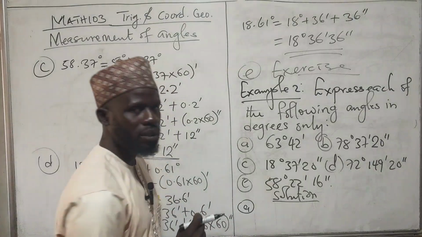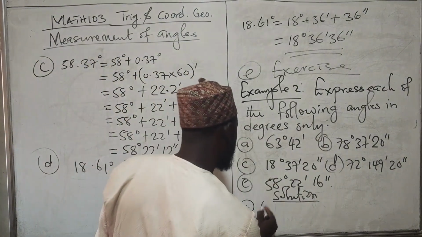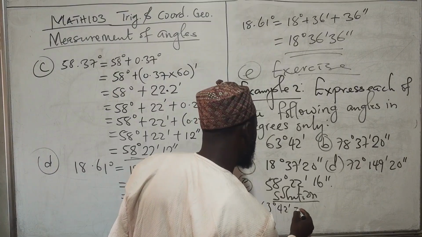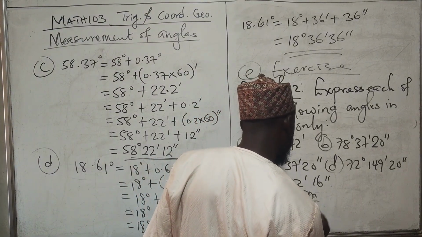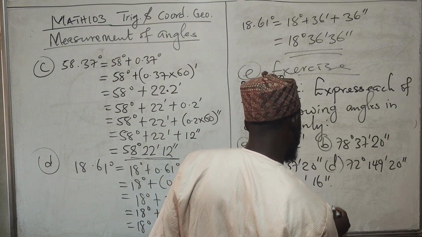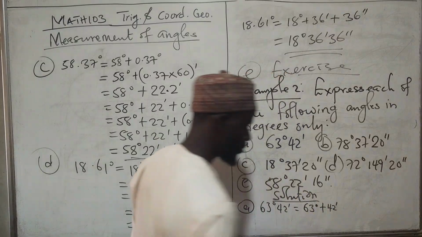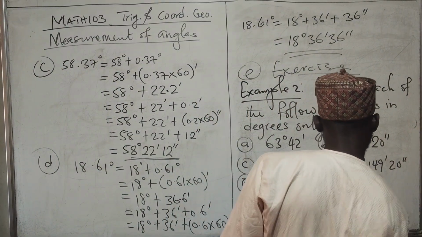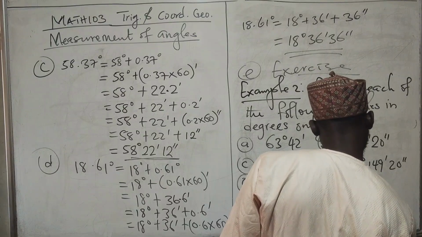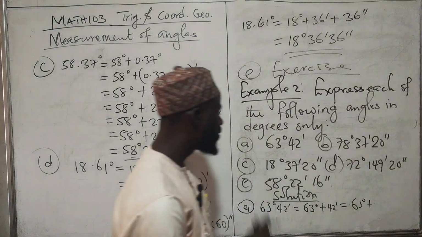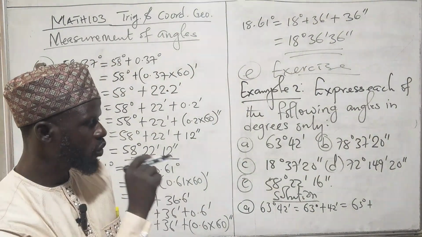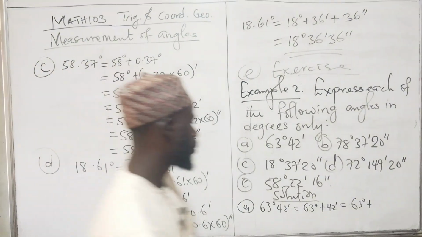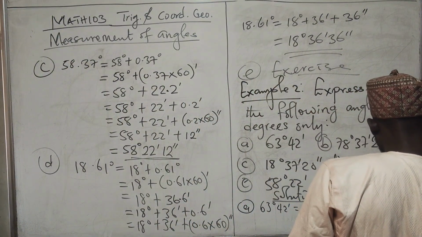So we have 63 degrees, 42 minutes. This is equal to 63 degrees plus 42 minutes. Now to convert 42 minutes to degrees, you divide by 60. So this is 42 over 60.